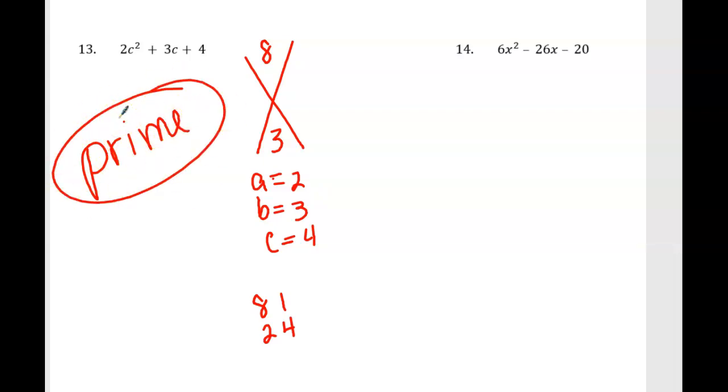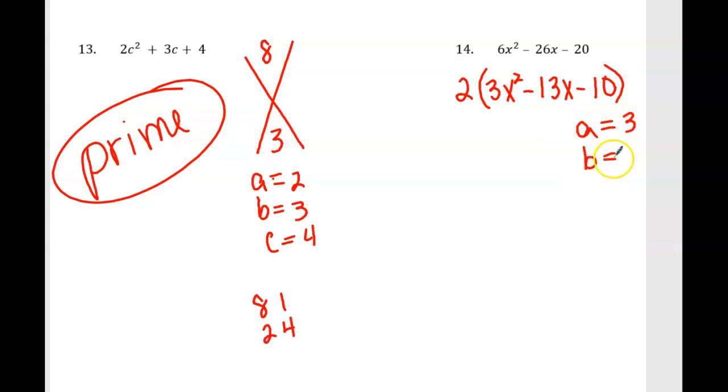All right. So number 14, if we factor out a 2, the greatest common factor is 2, so this is going to be 2 times 3x squared minus 13x minus 10. When I look at this, my a is 3, my b is negative 13, and my c is negative 10.